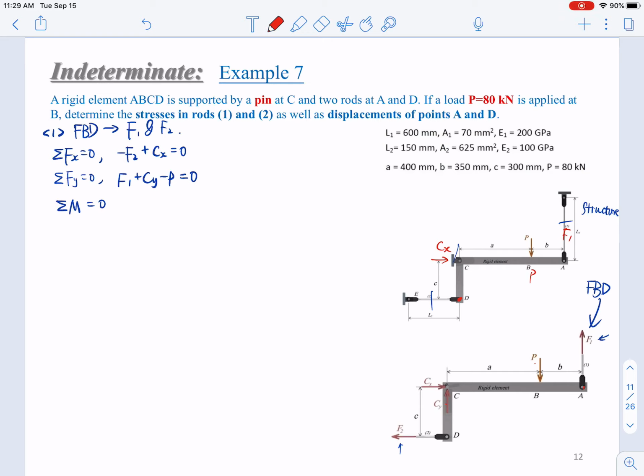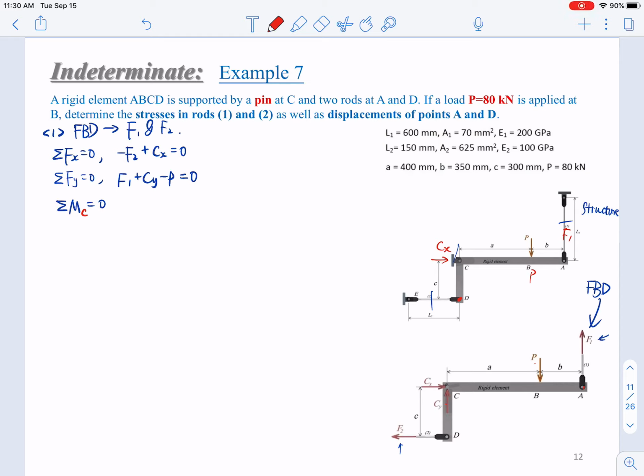So let's try C. If we select point C to calculate the sum of M, then you will have F1, F2, and P. This P is known, F1 and F2 are unknowns.